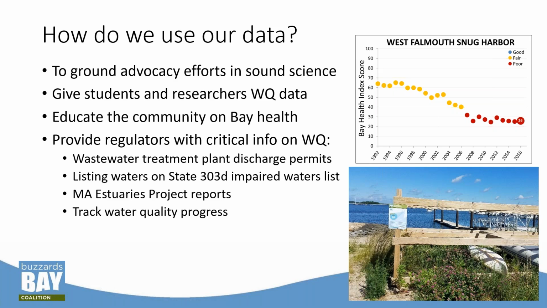I talked about how in the state of Massachusetts, our TMDLs, our nitrogen total maximum daily loads, are developed on a site-specific basis, and the Massachusetts Estuaries Project is how those site-specific TMDLs were created. It is the science that goes behind deciding what the threshold amount of loading for a given water body is.